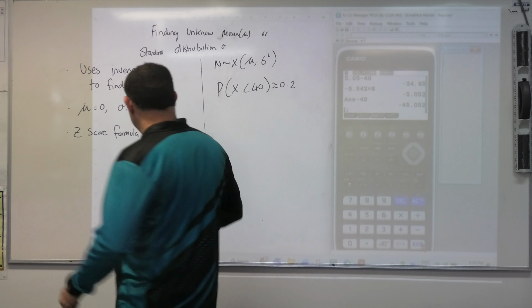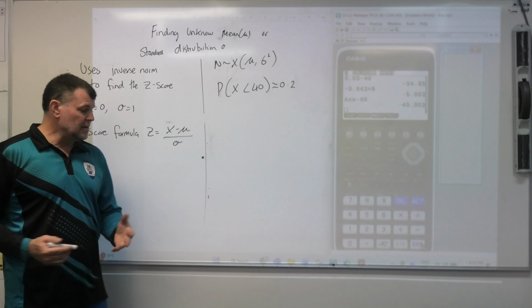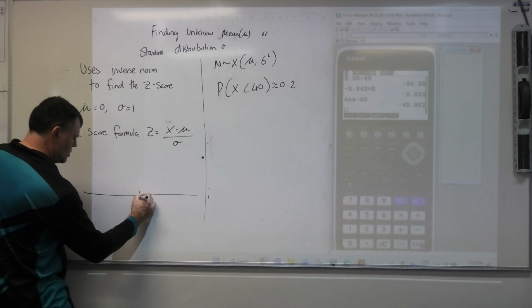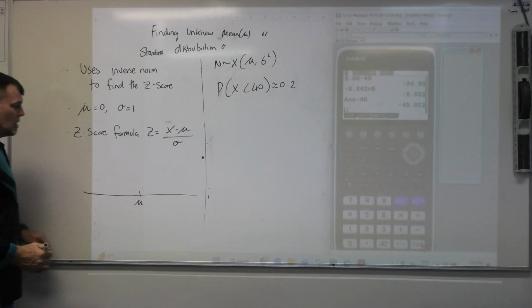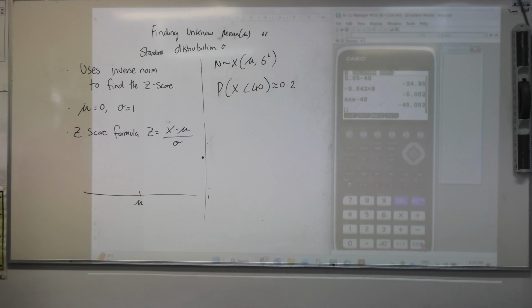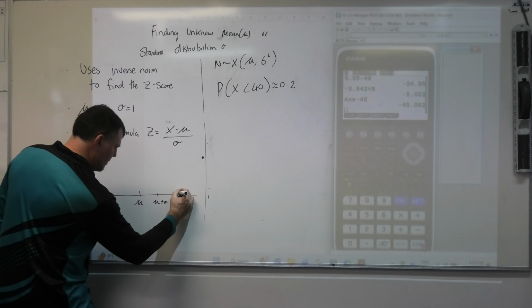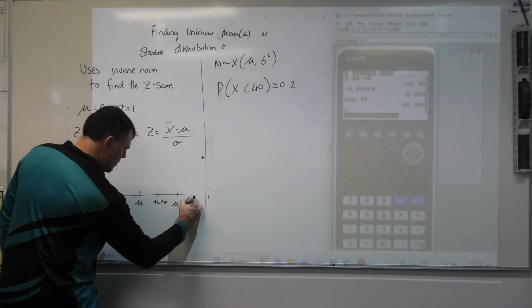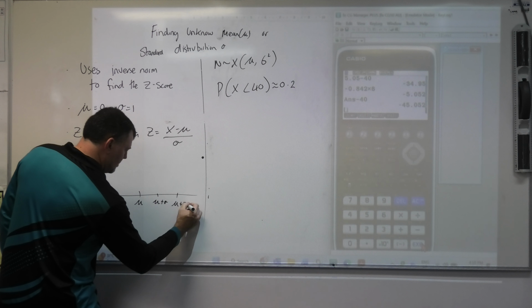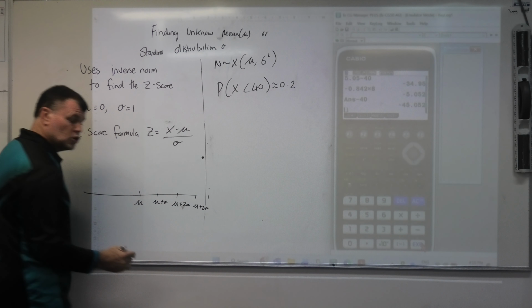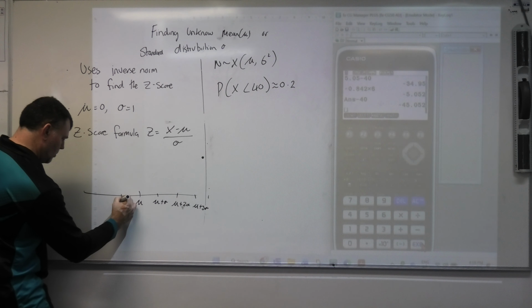Why do we use 0 and 1 for our mean and deviation? If we look at the distribution, remember that we have the mean plus and minus 1, 2 or 3 deviations.